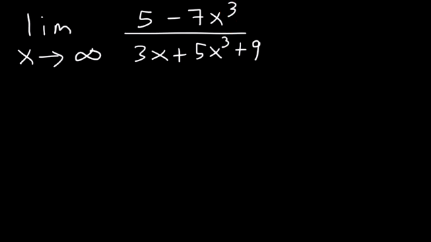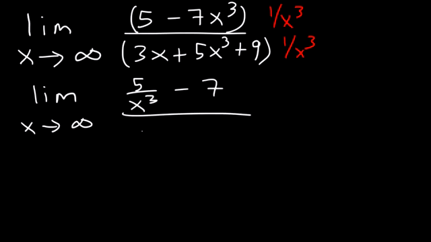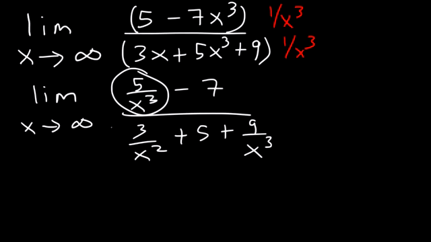So what we need to do is multiply the top and the bottom, this time by 1 over x cubed, since the highest degree is x cubed, or 3. So this is going to be the limit as x approaches infinity, 5 over x cubed minus 7 divided by 3 over x squared plus 5 plus 9 over x cubed. 5 divided by infinity to the third power is going to be 0.